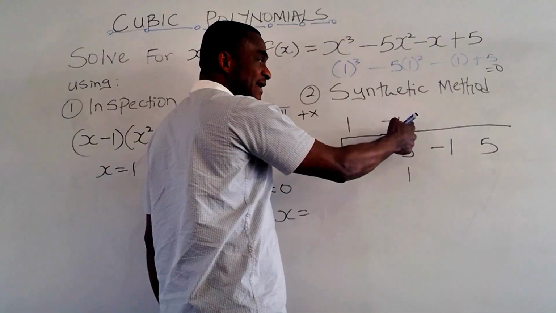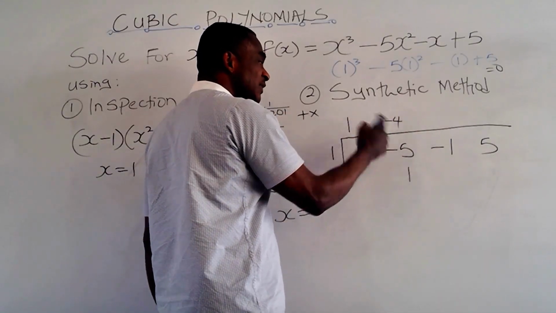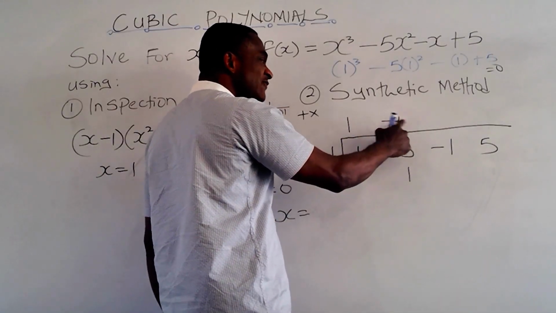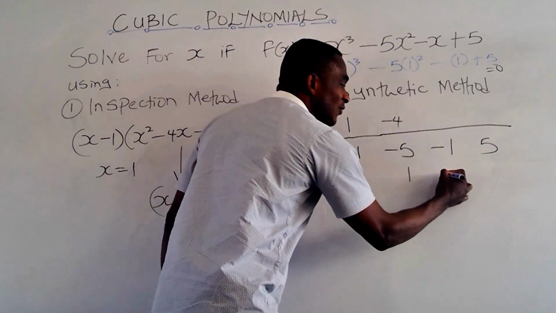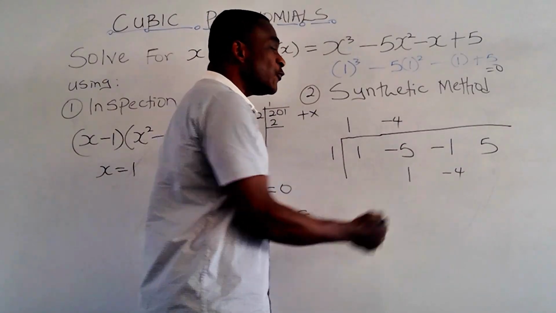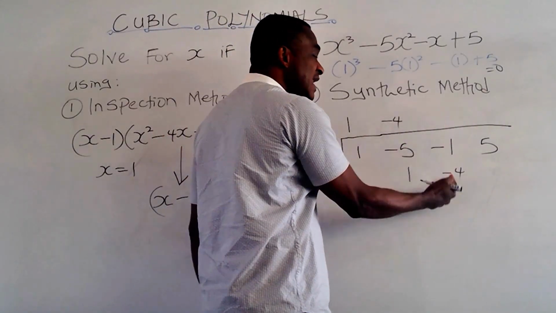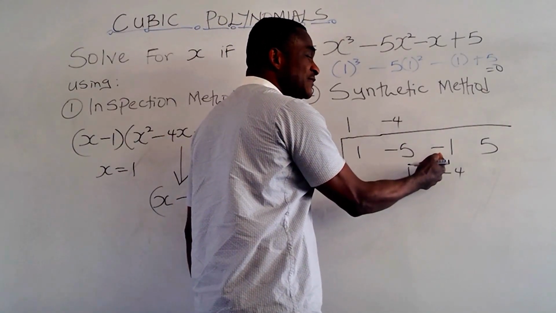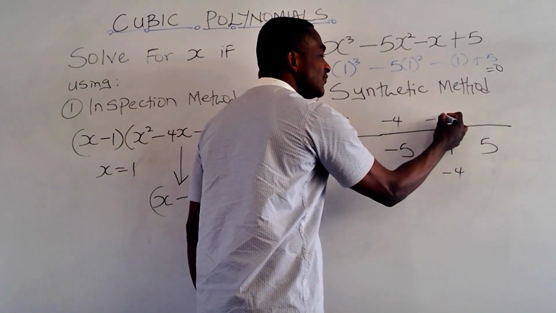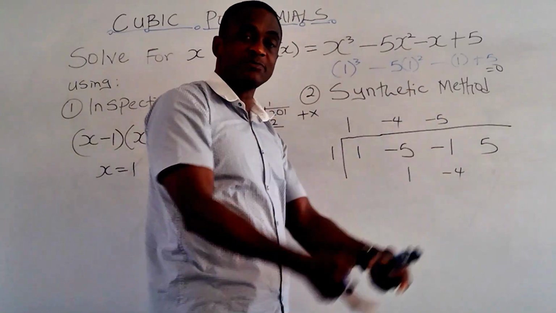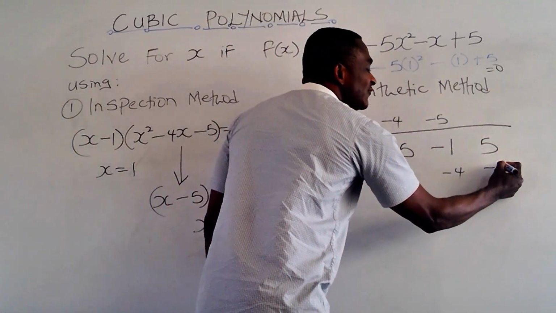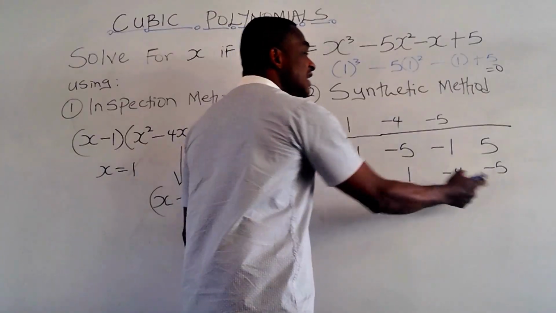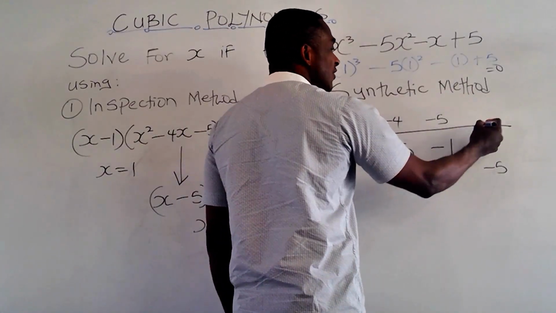We multiply again. So it's add, multiply. Now -4 times 1 is -4. We write it here. Then we add. -4 plus -1 is -5. We multiply again. 1 times -5 is -5. -5 plus 5 is 0.